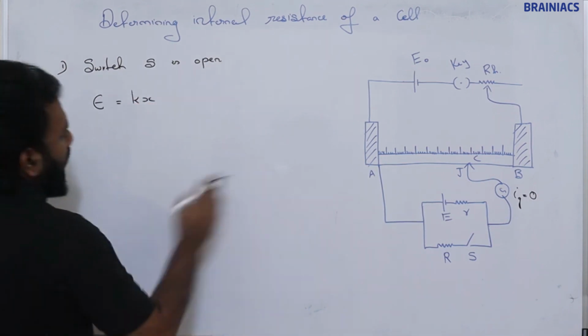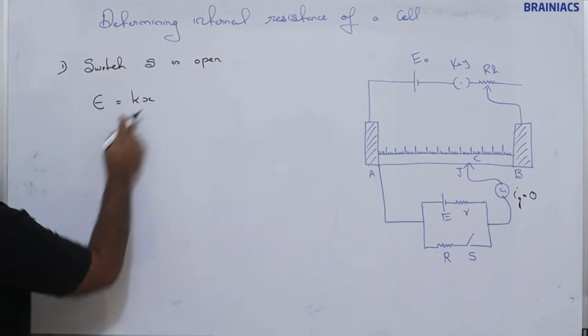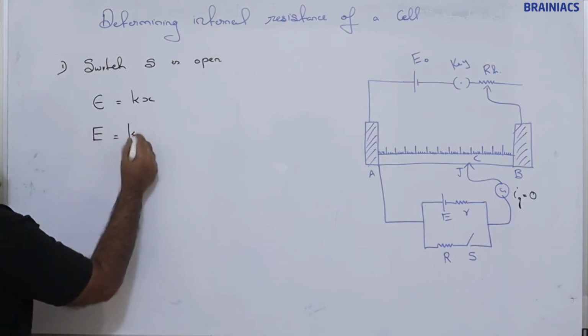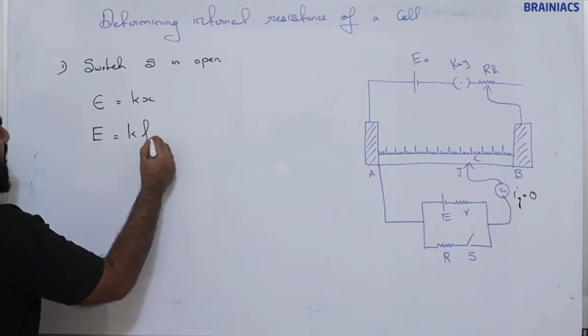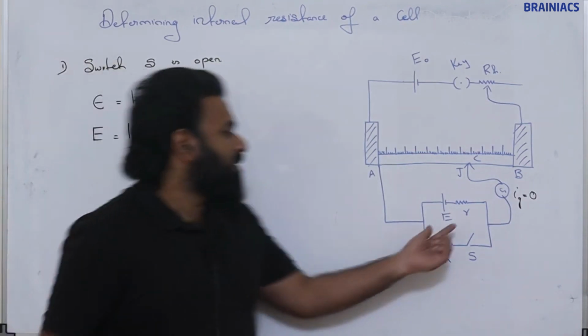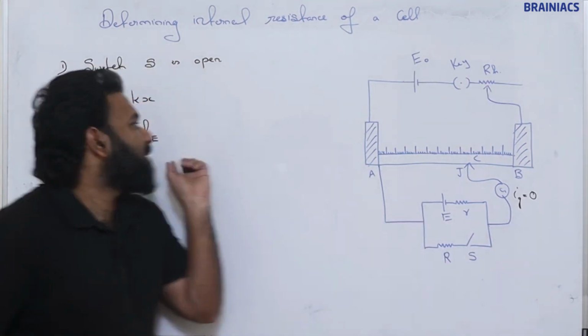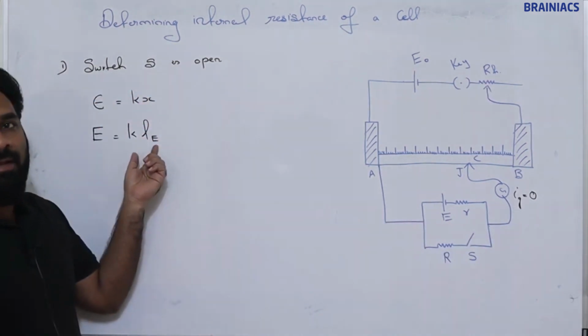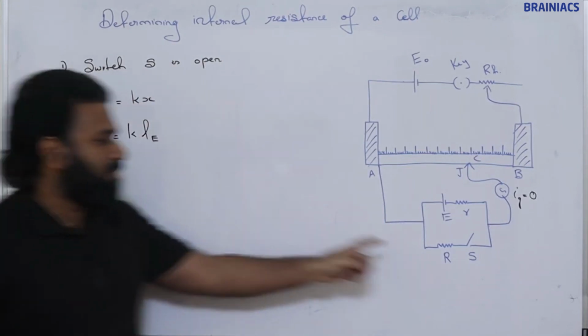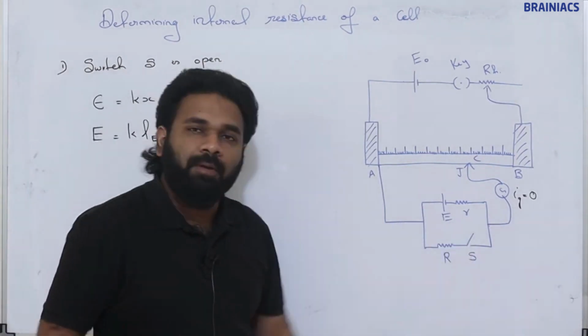Now what do we name that length? Let us put E is equal to K into the length which we are getting, LE, that is when only the cell is there. So this LE is nothing but the balancing length only when the cell is connected, that is, this part is not connected, the switch is open.